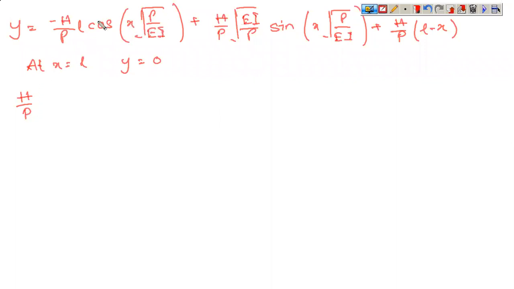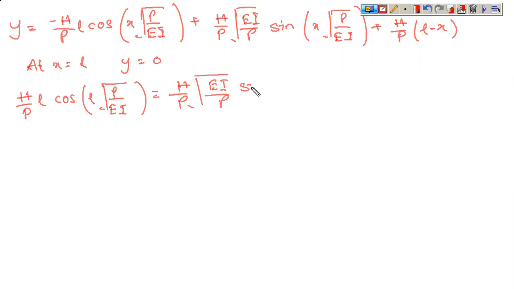Taking this term to the other side, H by P L cos L under root P by EI is equal to H by P under root EI by P sin L under root P by EI. So this term you have taken to the other side of the bracket.